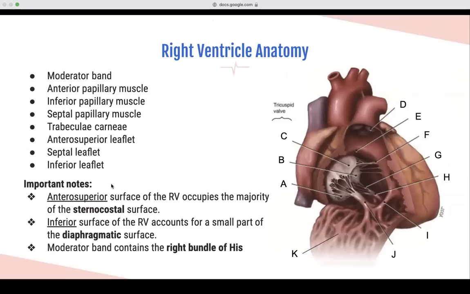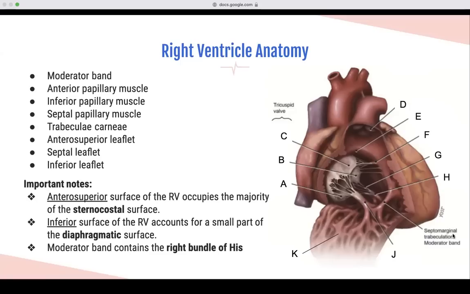It brings signals from the interventricular septum into the wall of the right ventricle. Exactly. And specifically, how does it transmit the signals? Because it carries what? The right bundle of His. Yes. So I is the moderator band.